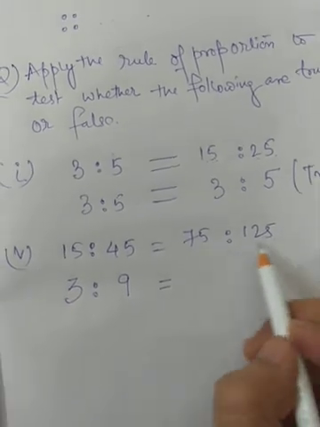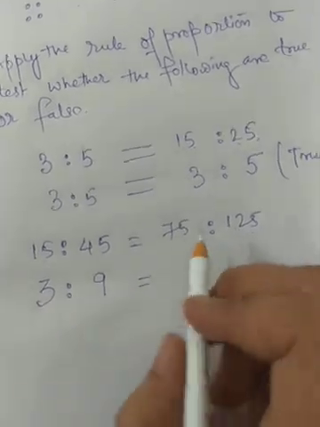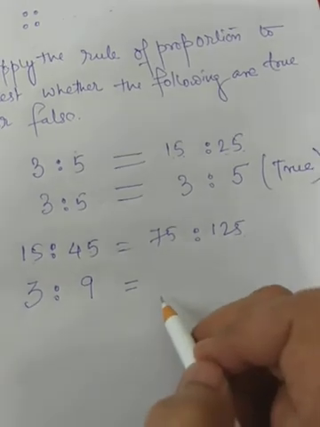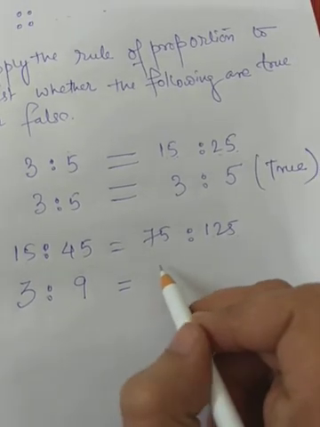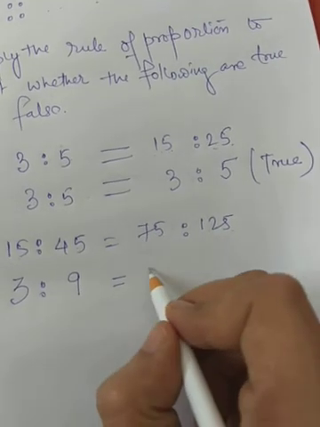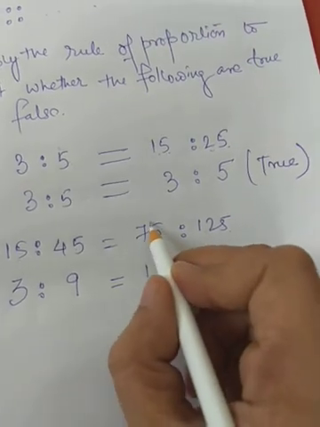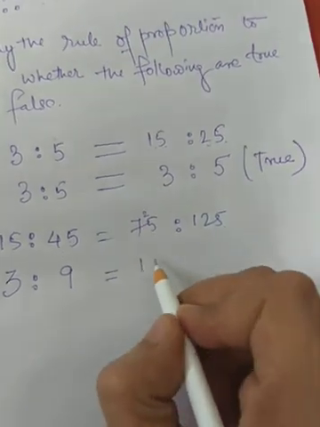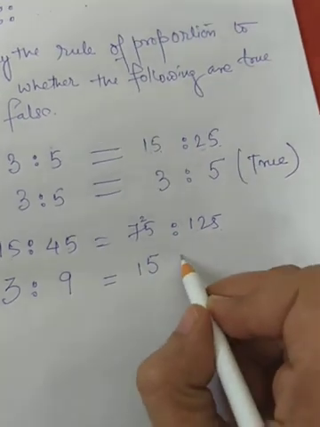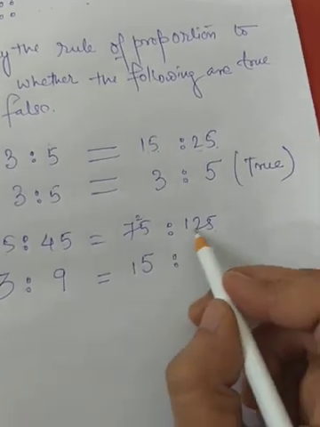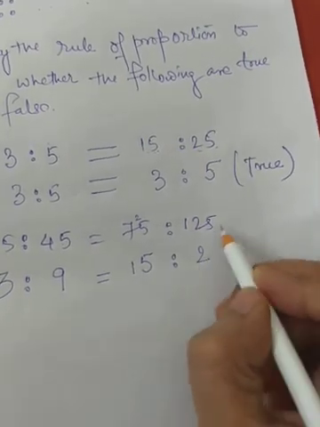Now if we try to cancel these two again, we will see with the table of 5 we can cancel. 5 1s are 5. This will give you 25. 5 5s are 25. Again 5 2s are 10.